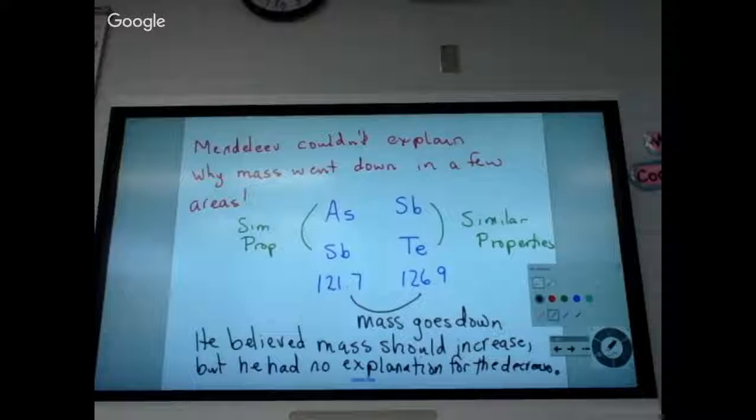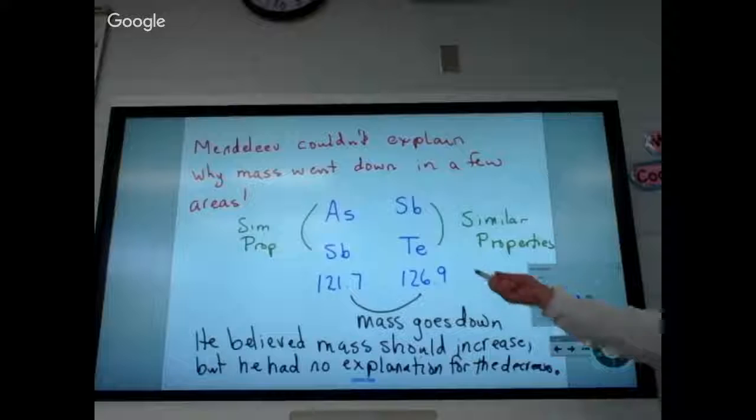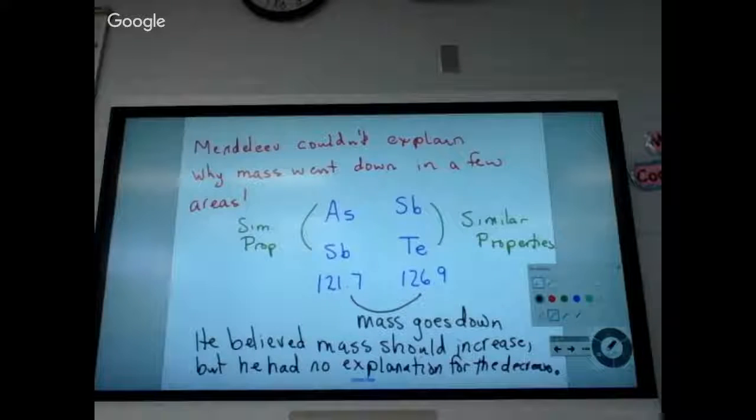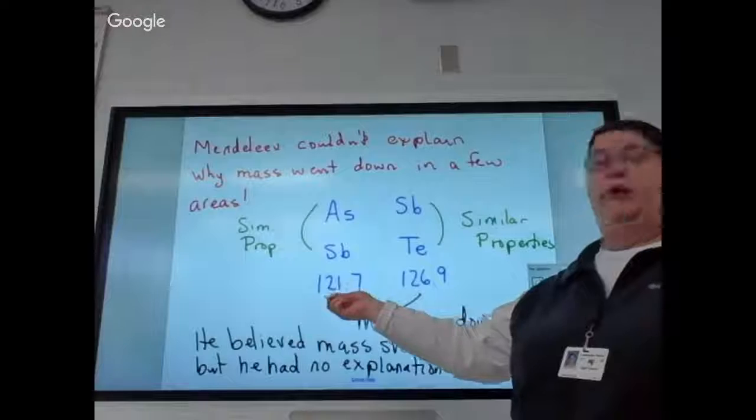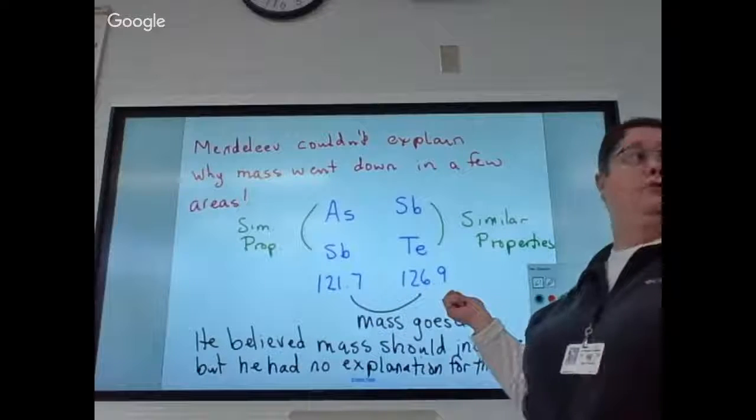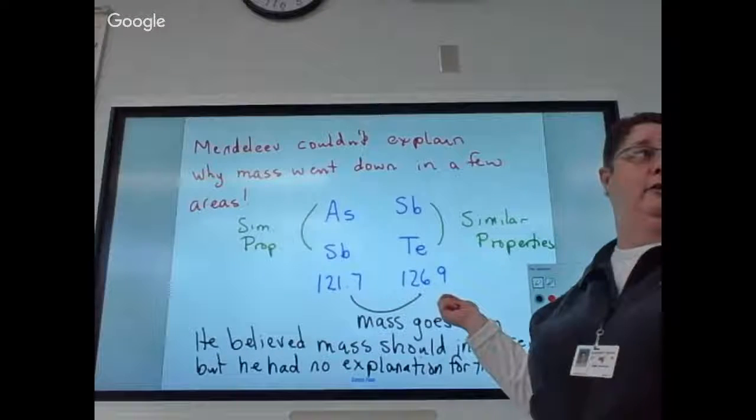Most of the masses on his periodic table do go up. However, some of them go down. In about 3 or 4 spots, the masses do go down. Even if you check the modern periodic table that we're using, there are 3 or 4 spots where the masses go down. And this is one example that I'm using. If you look at SB, antimony to tellurium, the mass goes down 121.7, and then it drops to 126.9. It does not increase. It goes down.